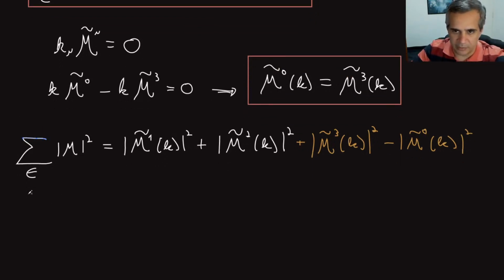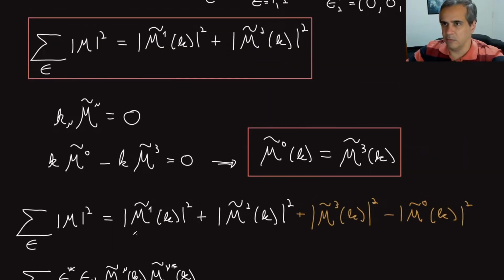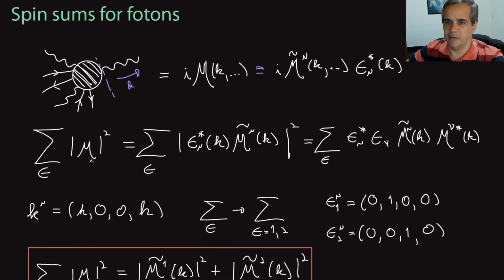So I know that this part can be written as epsilon nu star epsilon nu M tilde nu of k M tilde nu star of k. This is just what I had up here; I'm just writing this explicitly.